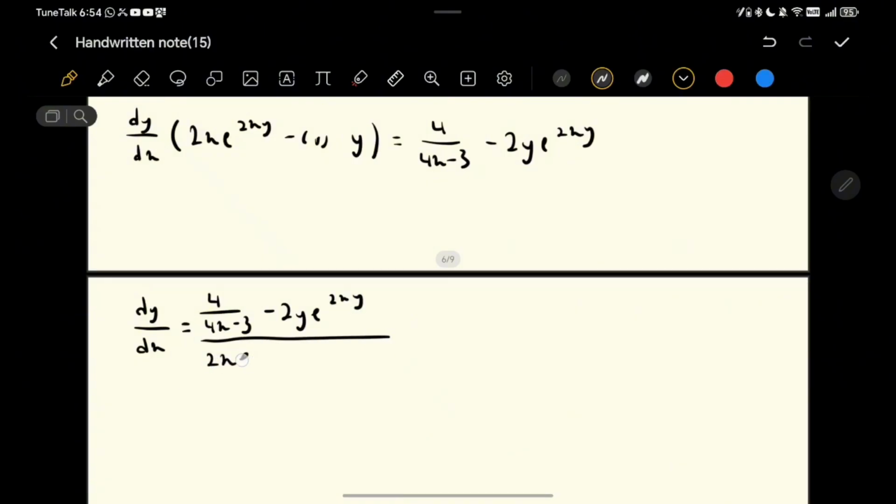And now you get the answer like given as shown.